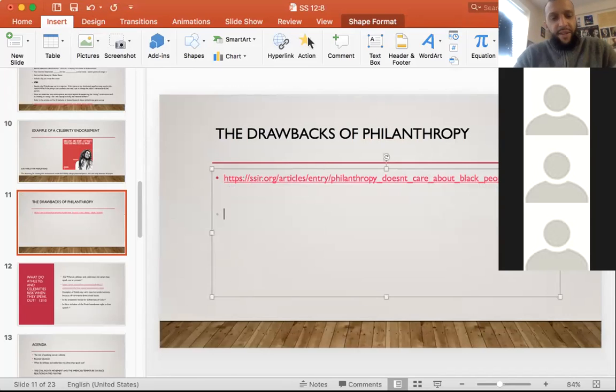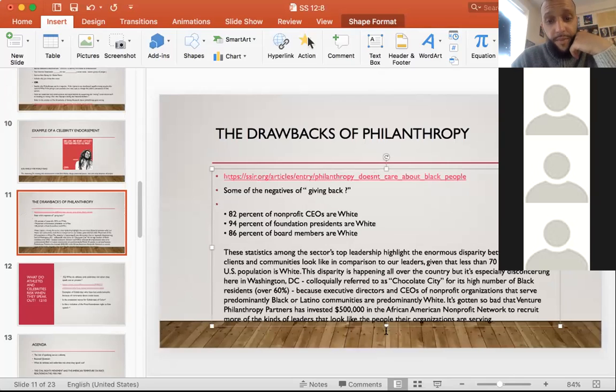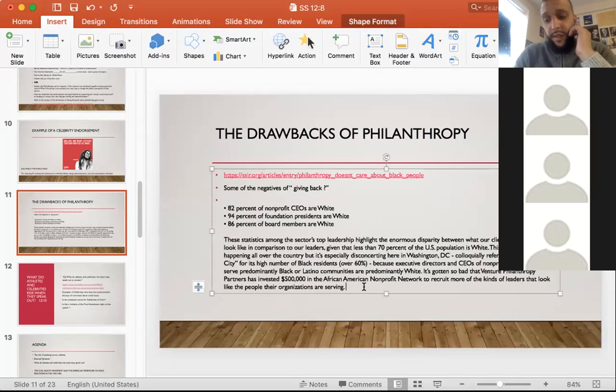So let's look at some of the negatives. Let me go over to the article, see what the article says. That's better. Okay. So this would give us some of the information. Let's see.